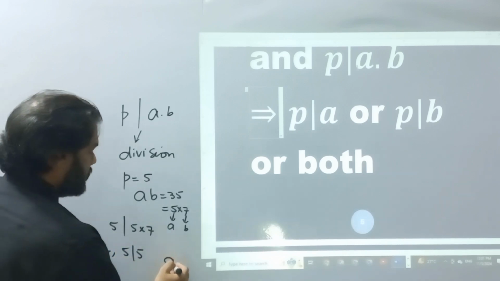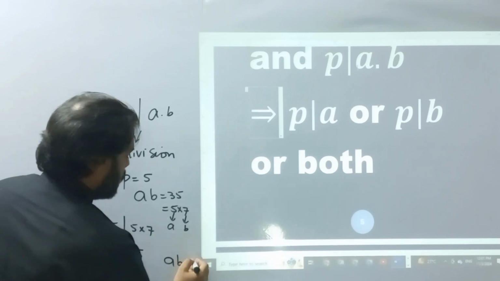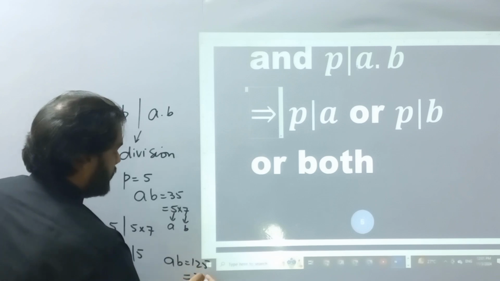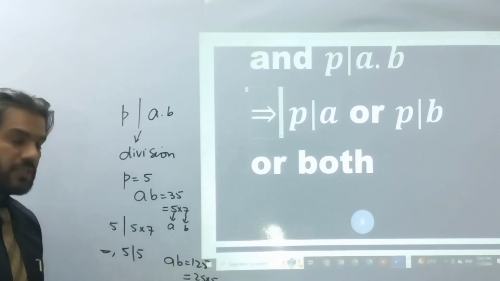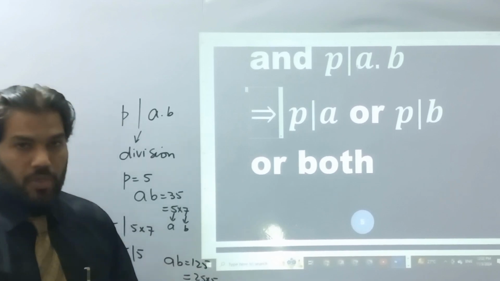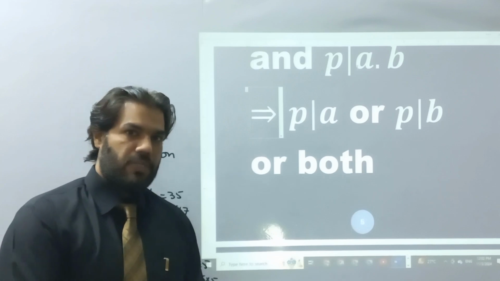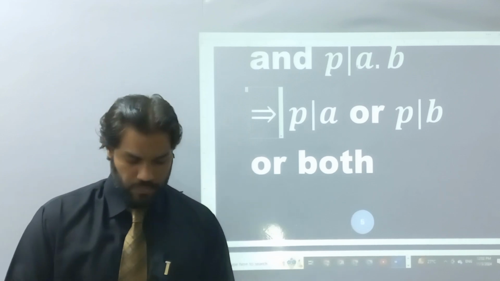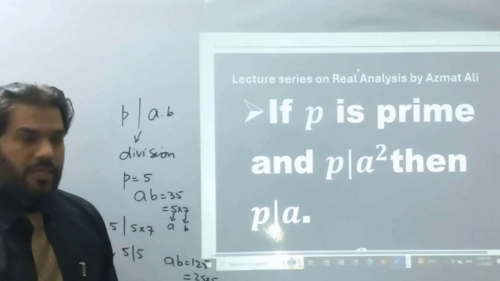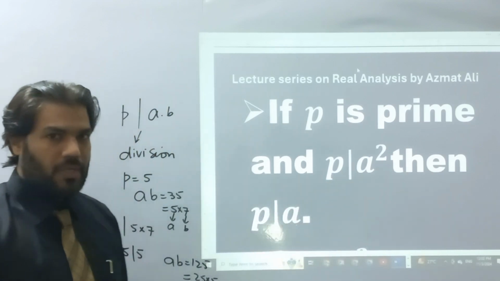Similarly, if your product AB is like 125, and 125 can be written as 25 into 5. In this case, your prime P divides both numbers, that is 25 and 5. So if P is a prime and divides the product of A and B, then P divides A or B or both.